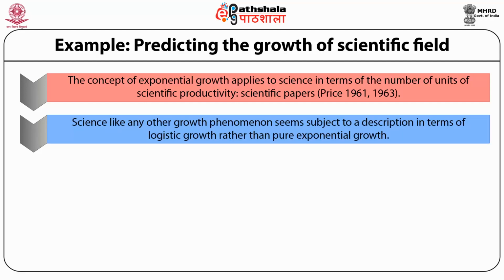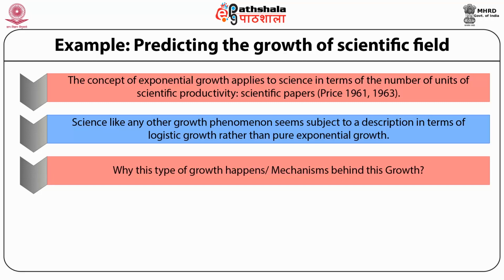Science, like any other phenomenon of growth, seems subject to a description in terms of logistic growth rather than pure exponential growth. This was the finding of Price. Why this type of growth happens, the mechanism behind this growth, was also postulated.